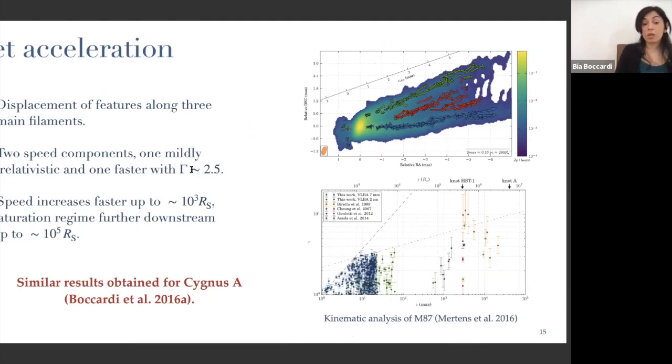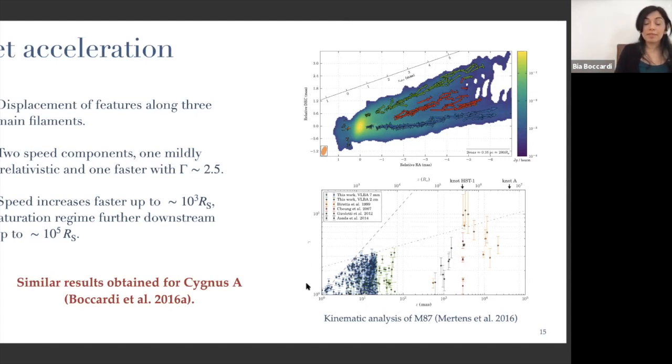In any case, the Lorentz factors in radio galaxies are always much smaller than what we measure in blazars. And this may be another evidence for what I was saying before, that in radio galaxies we mostly see the emission from the slower parts of the jet because of differential Doppler boosting.